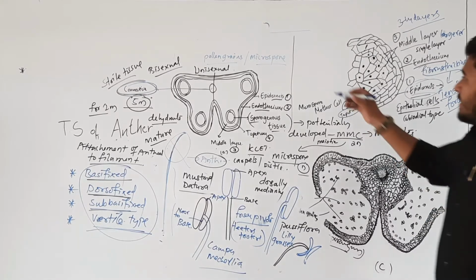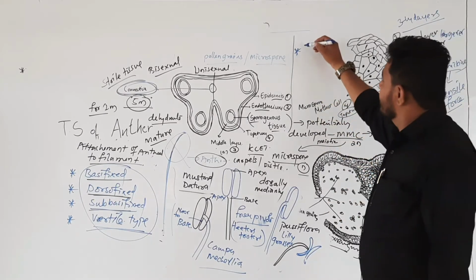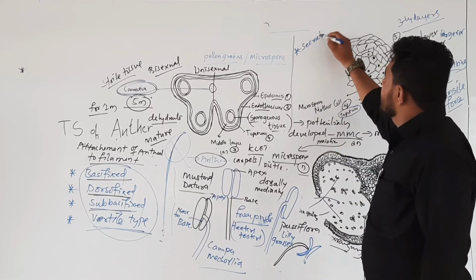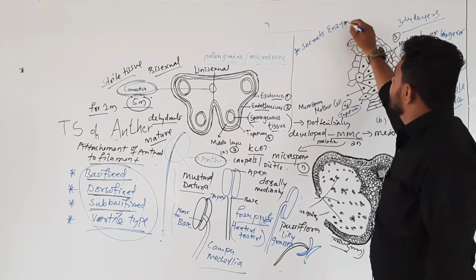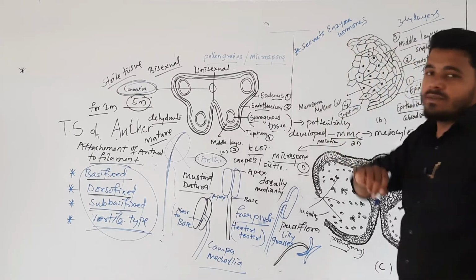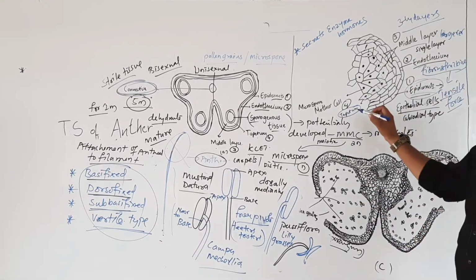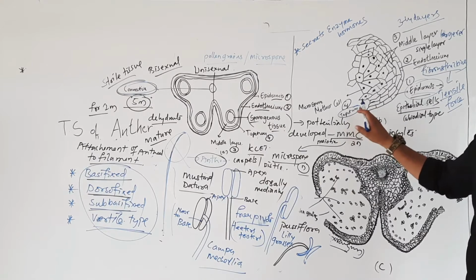Apart from that, it has some other functions also. The tapetum secretes enzymes as well as hormones, so it has an endocrine function also.